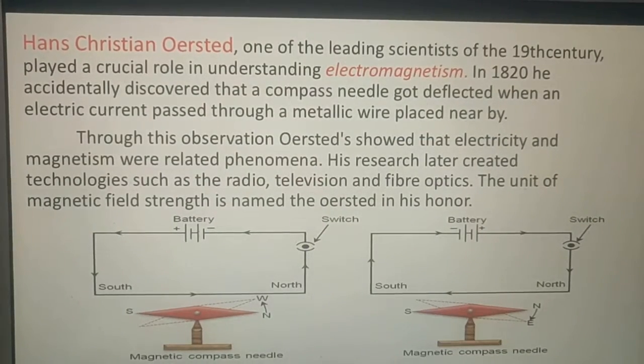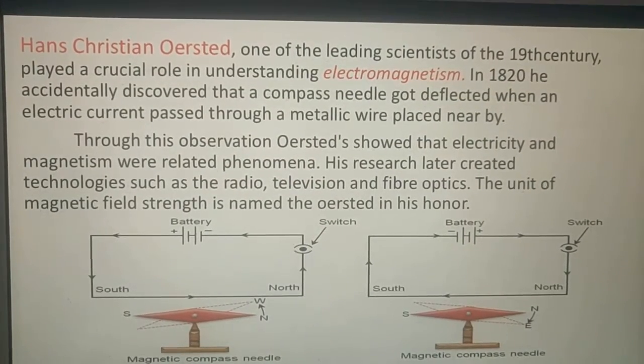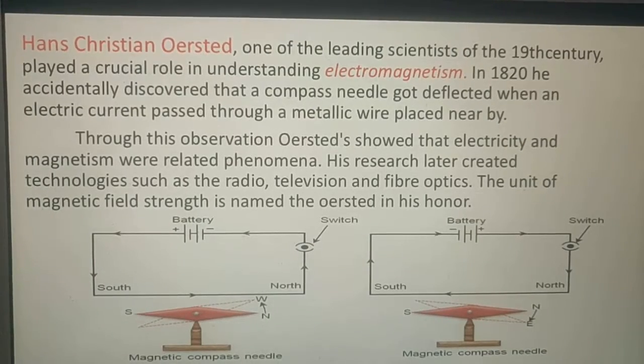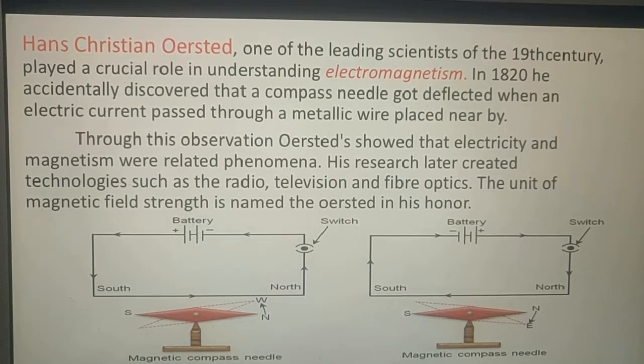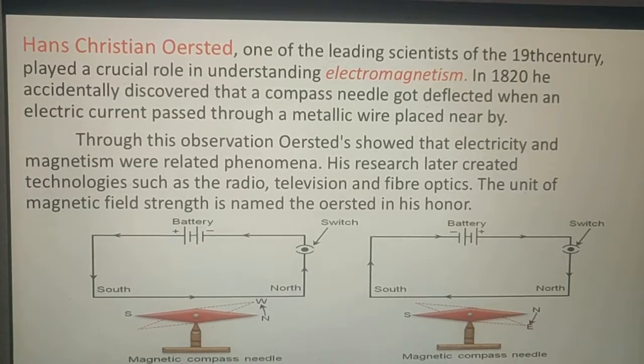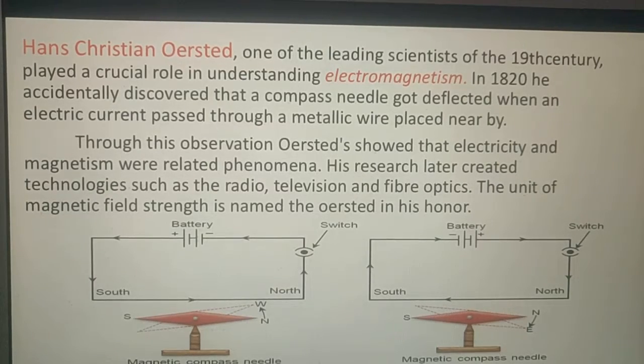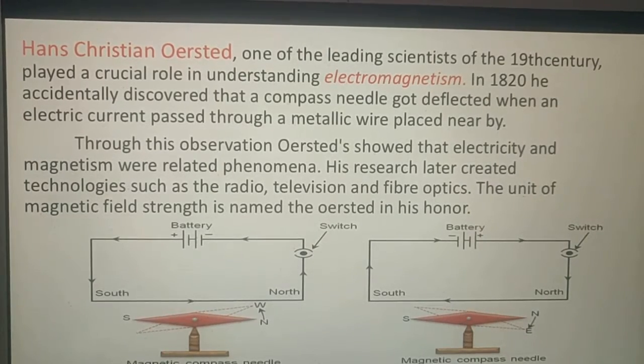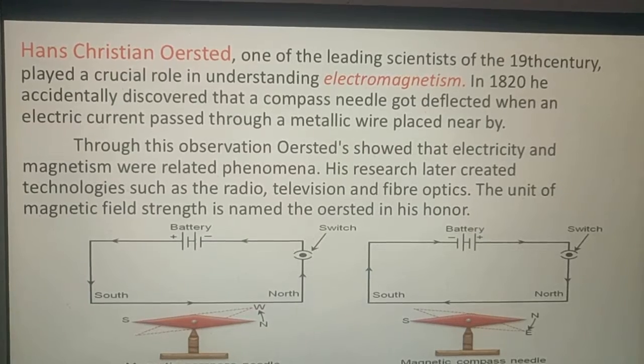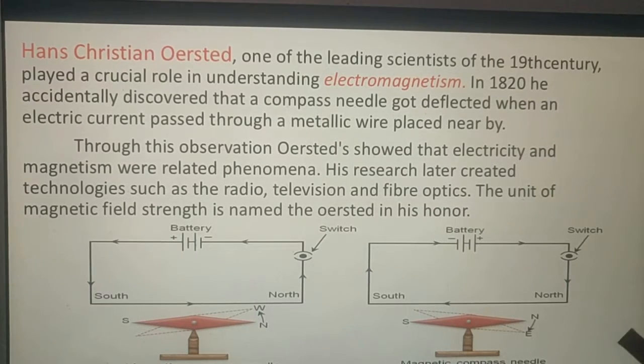Through this observation, Ørsted showed that electricity and magnetism were related phenomena. His research later created technology such as the radio, television and fiber optics. The unit of magnetic field strength is named the Ørsted in his honor.